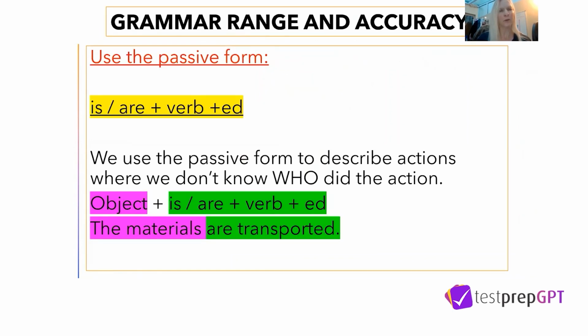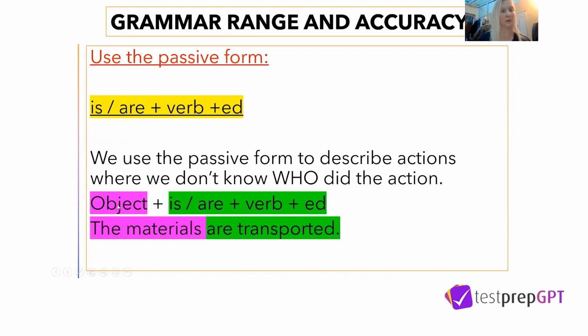Passive form. Well, how do we make the passive? In this case, we're speaking in the present form. You may have to use the past in your exam, but for the moment, we're focusing on the present. So is or are for plural with the verb plus ed at the end. So that's the passive form.